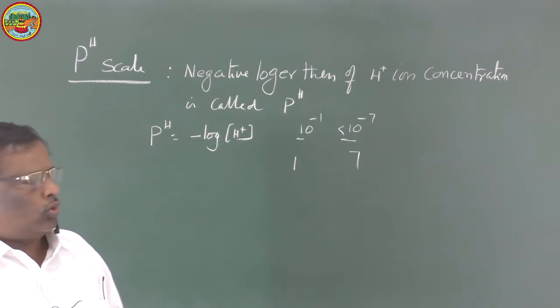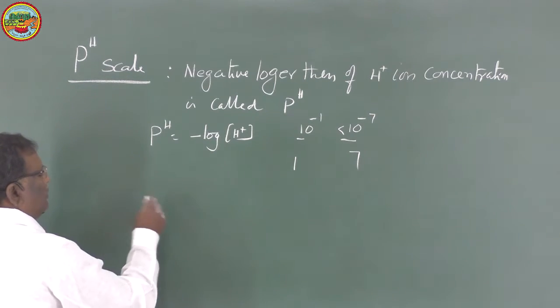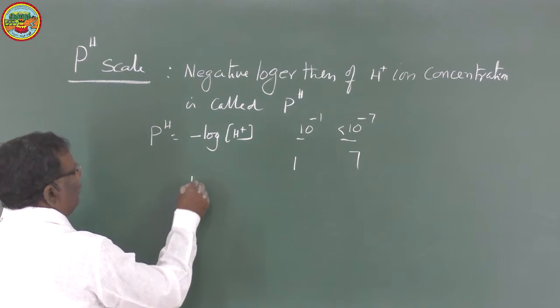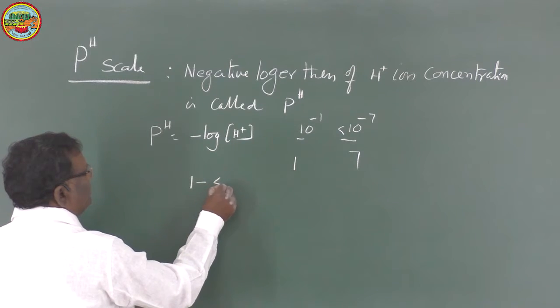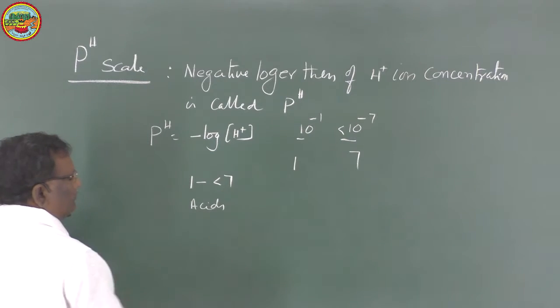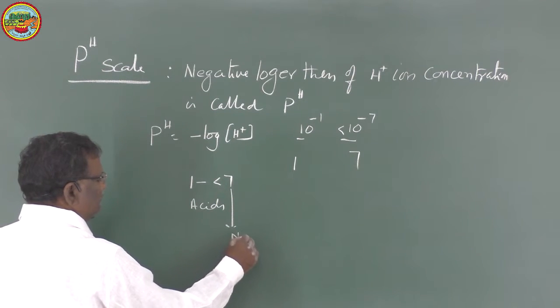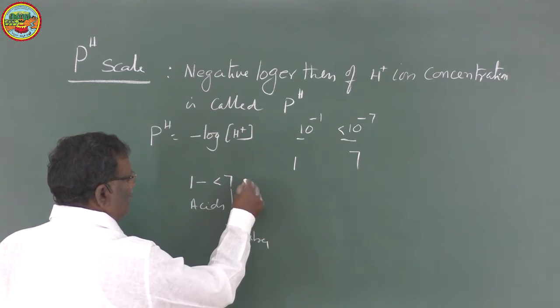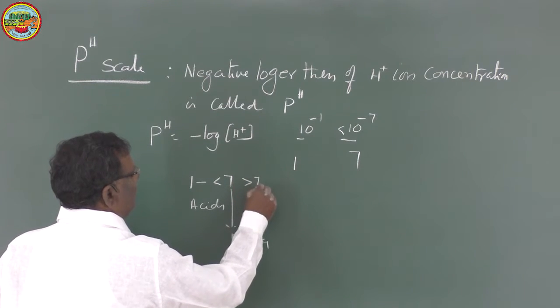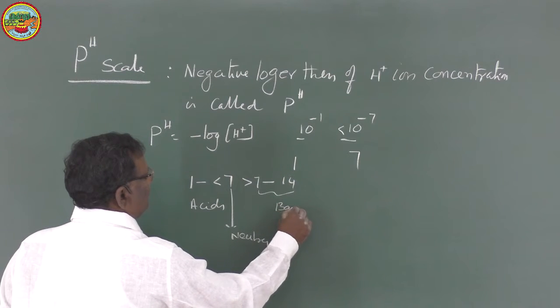So here also, those solutions whose pH is between 1 to less than 7 are considered as acids. 7 is neutral. From greater than 7 to 14, they are bases.